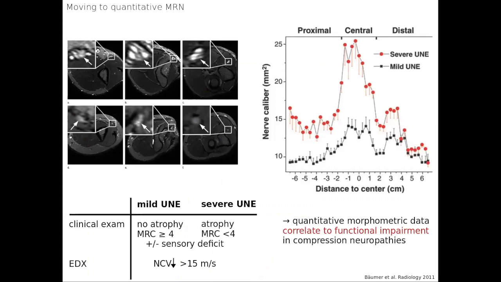It has also been shown that quantitative morphometric data can correlate to a functional impairment, especially in compression neuropathies. That has been shown nicely in this study by Bäumer et al. for ulnar nerve compression neuropathy, where they divided ulnar nerve entrapment into mild or severe, depending on whether there was atrophy and more severe motor deficit.